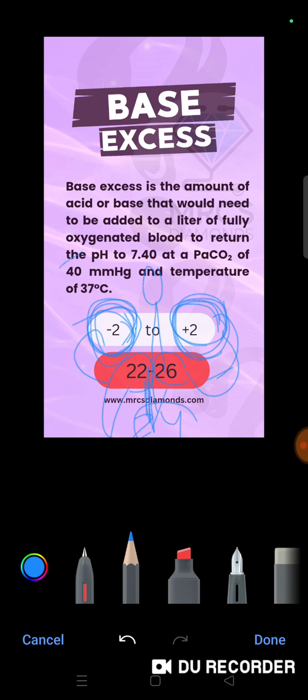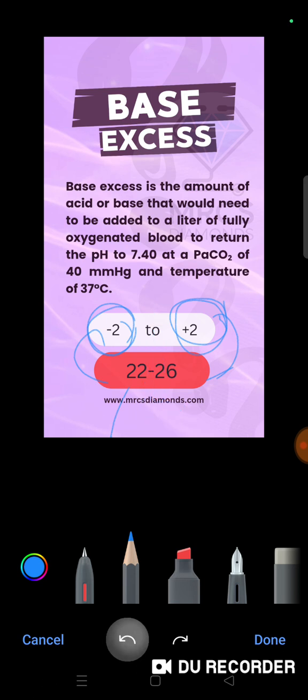So if it is, for example, -5 or +5, let's see what the condition will be. If it is -5, the minus means it is metabolic acidosis.